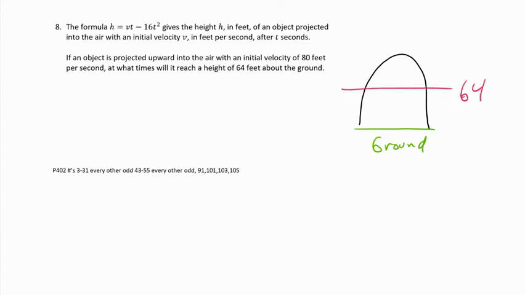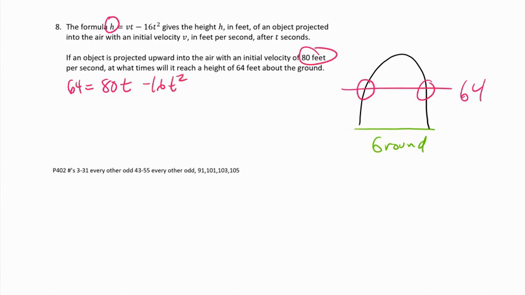So if this is 64, I got two different times when my object is going to be 64 feet above the ground. So then I'm going to set the height equal to 64. And they tell me that the velocity is 80 feet. So 80t minus 16t squared.